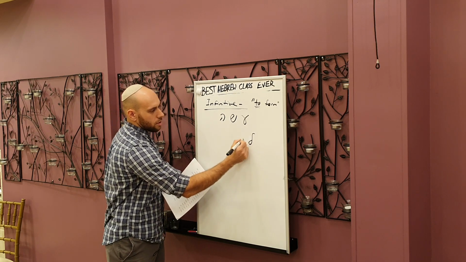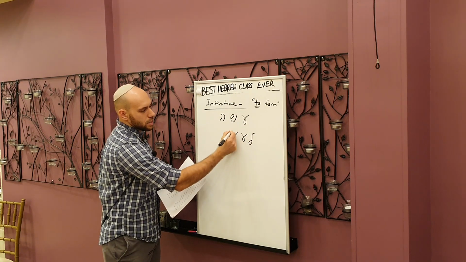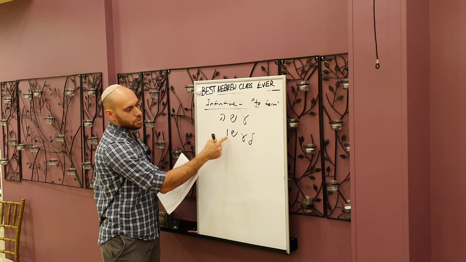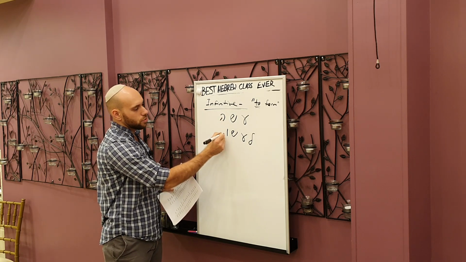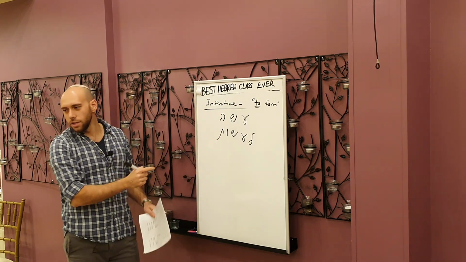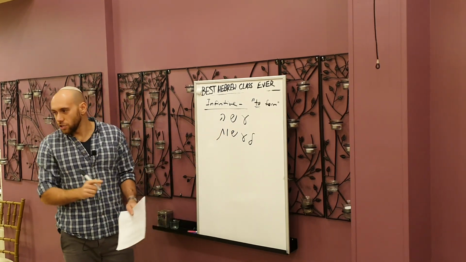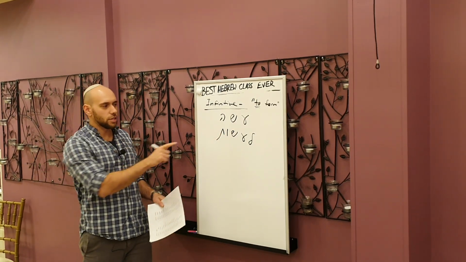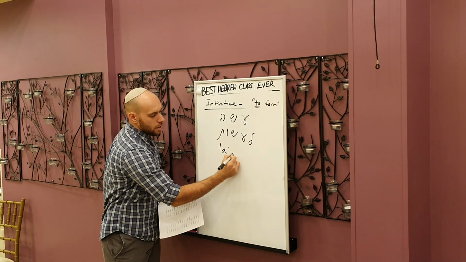So what you do is the exact same thing we did before. You have the la, you have the a, the ayin, you have the sama, you have the vav in the position after the second root letter, and then this changes to a tav. This is specific to the infinitive only, and this is pronounced la asot.